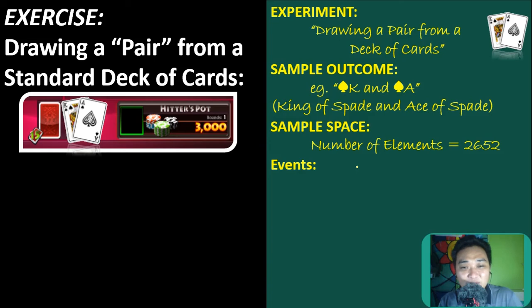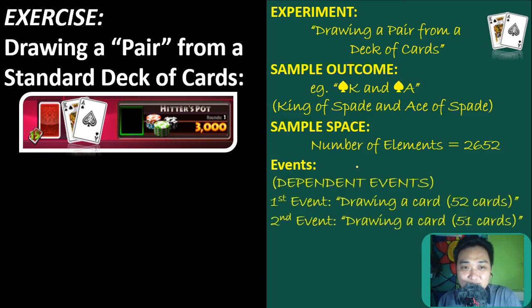Now, how many events do we have, and what are those events? Ang ginagawa naman ng mga mathematicians, we separate the 2 events. Our first event, katulad nung nabanggit ko na kanina, nung pinaisa-isa natin, is of course drawing our first card from, take note, a standard deck.